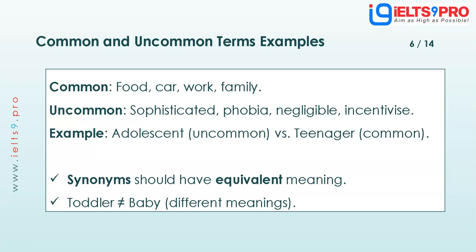For example, we had a topic quite recently about should people have children at an older age, and people were using elderly. Now, elderly is not the same as older. Elderly means really old, right?